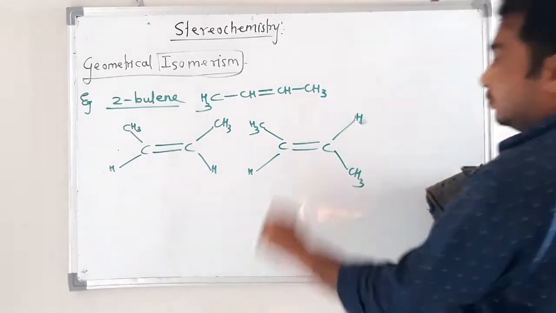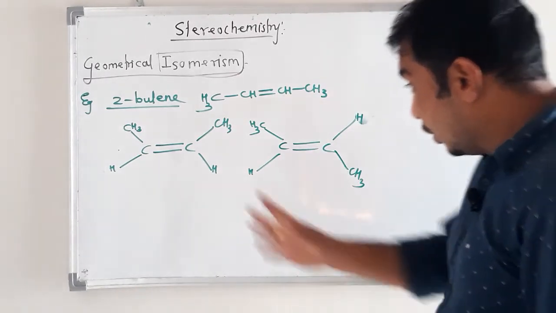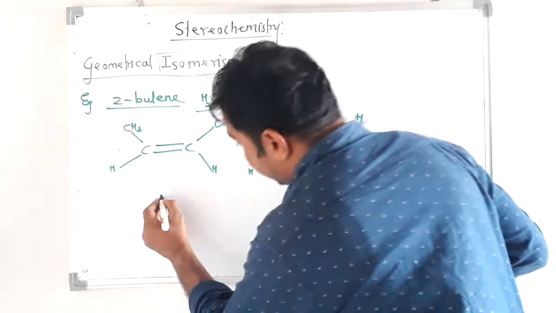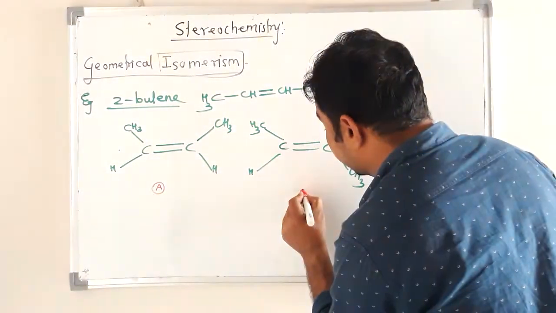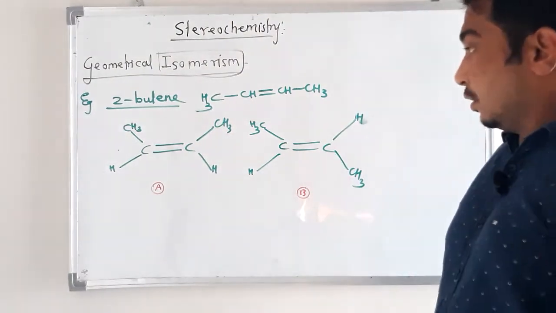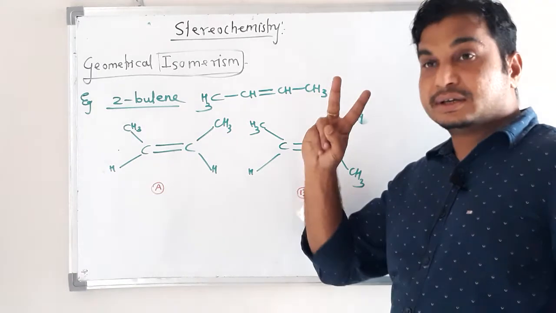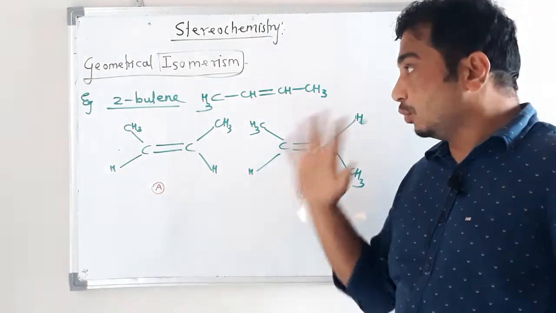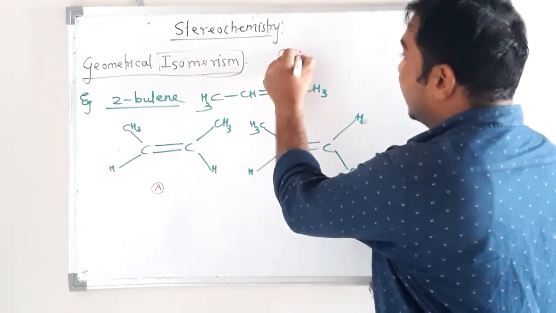Now see, observe these two structures, A and B. See, both structures A and B have the same molecular formula, C4H8.